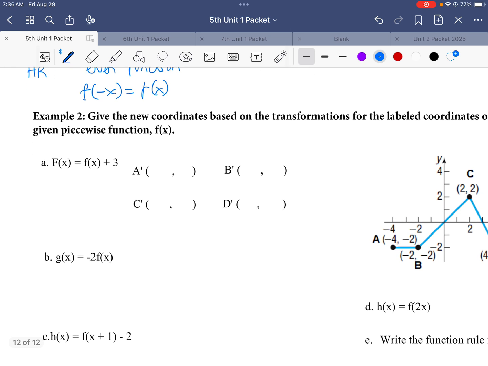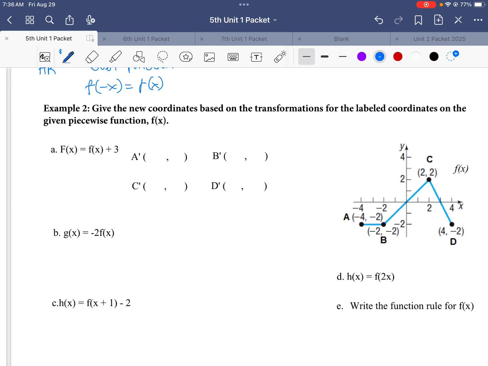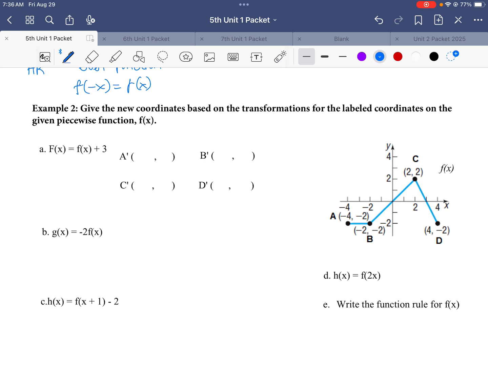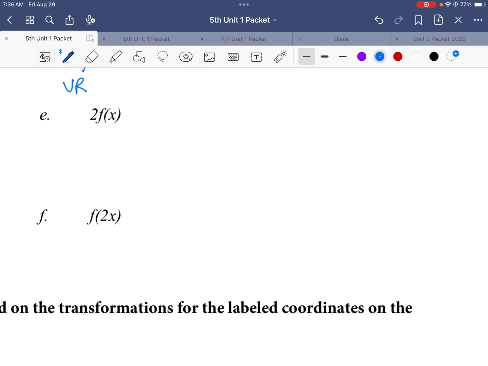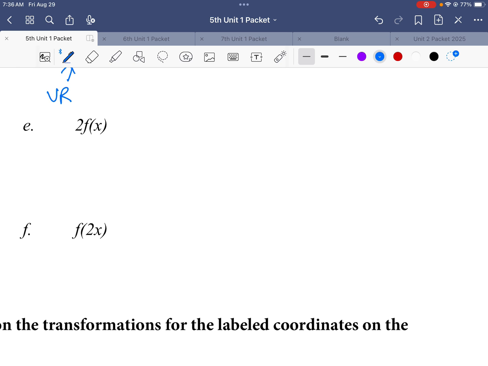Okay, let's just review how, if we're given points, we can find points again after we've had a transformation to them. So let's take a look. What kind of transformations affect our x coordinate?